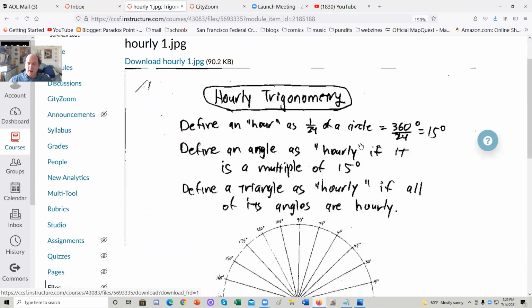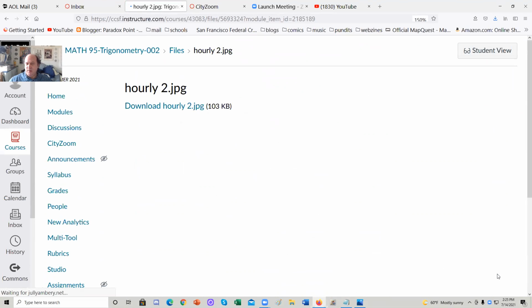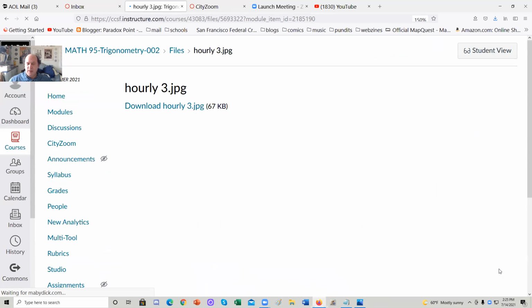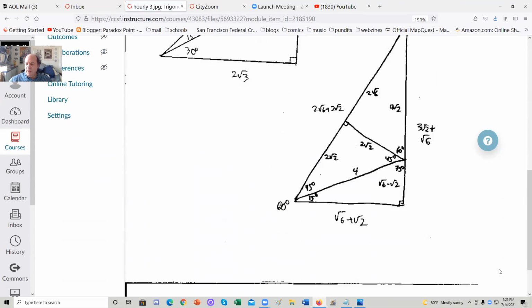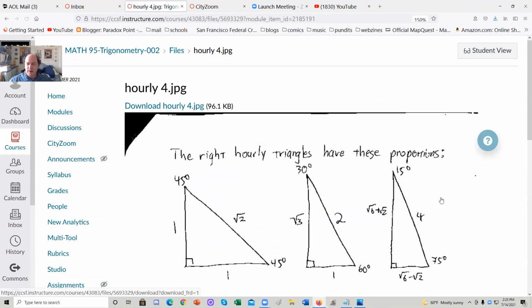Hourly being what I define as an integer multiple of 15 degrees. And after some derivation of various triangles, specifically the 15-75-90 triangle. Here it is. Then, excuse me.